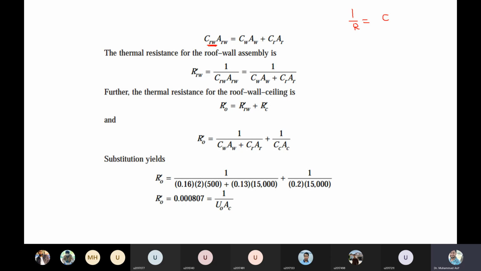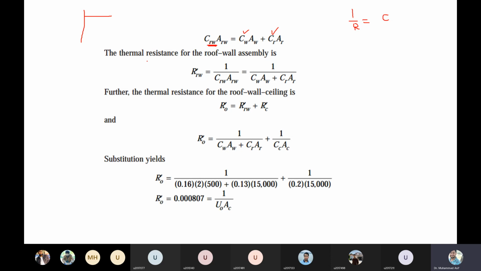So the equivalent conductance between the roof and the wall will be the sum of the conductance of the wall plus the conductance of the roof.